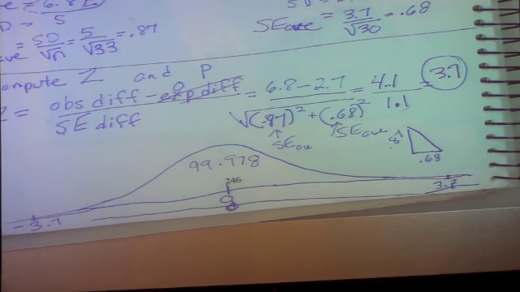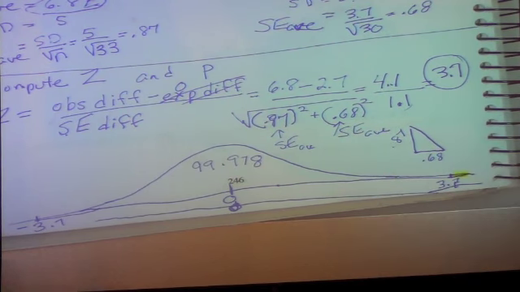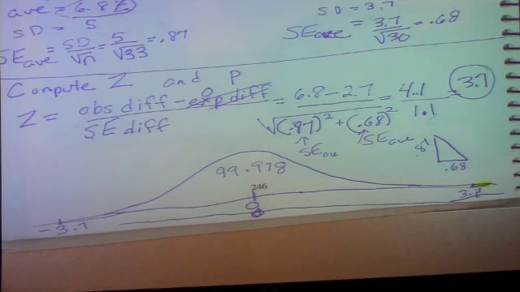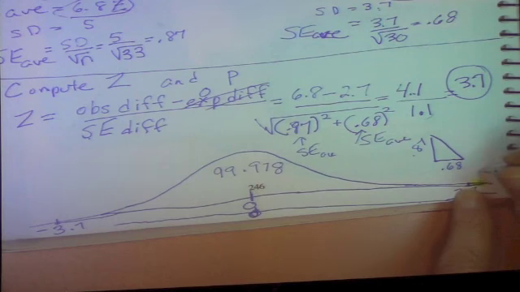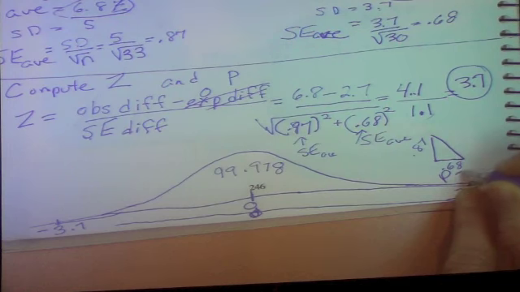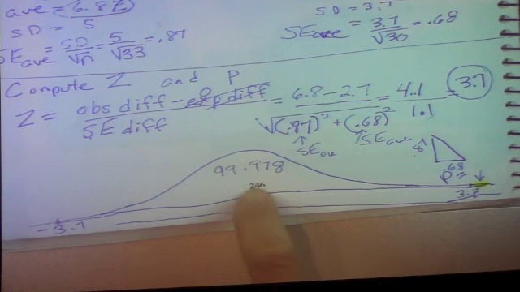So we have a speck here. That's the probability that if the diets really were just the same, worked equally well, there's no difference, that we'd see this just by chance. And that's our p-value. And in this case, p is unbelievably small. It's 100 minus that, divided by 2.